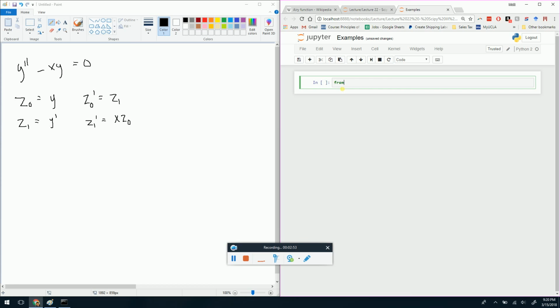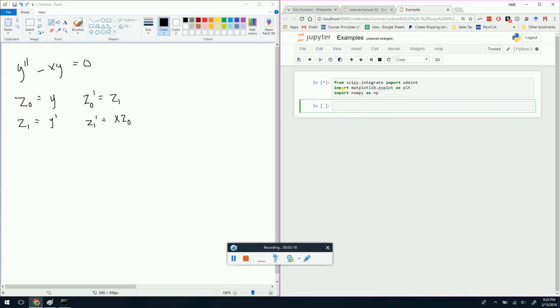Okay, so from scipy.integrate import odeint, and import matplotlib.pyplot as plt, import numpy as np.